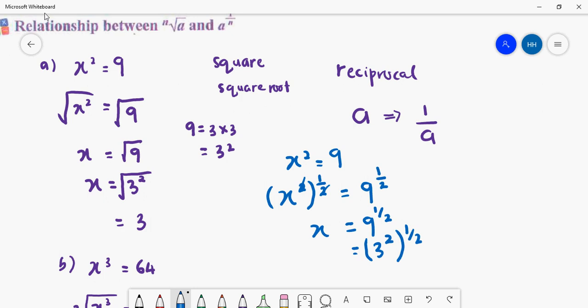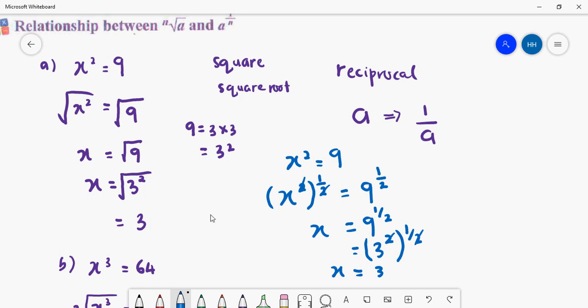The 9 here I rewrite in base 3. 3 times 3 is 9, and 1 over 2 I copy from above. So this is also 2 times 1 over 2, so I can eliminate it, it becomes 3. So x is equal to 3.